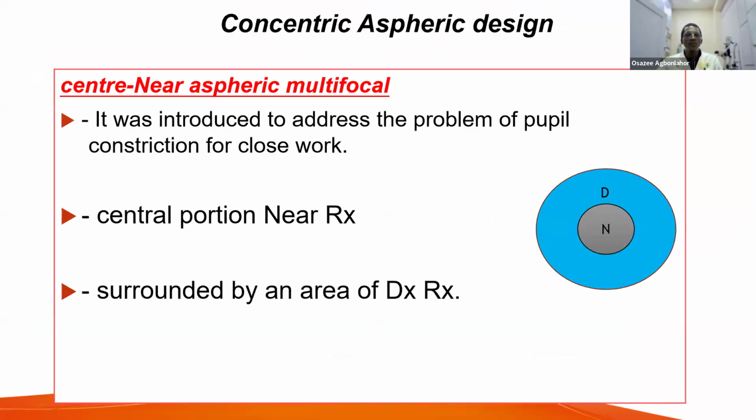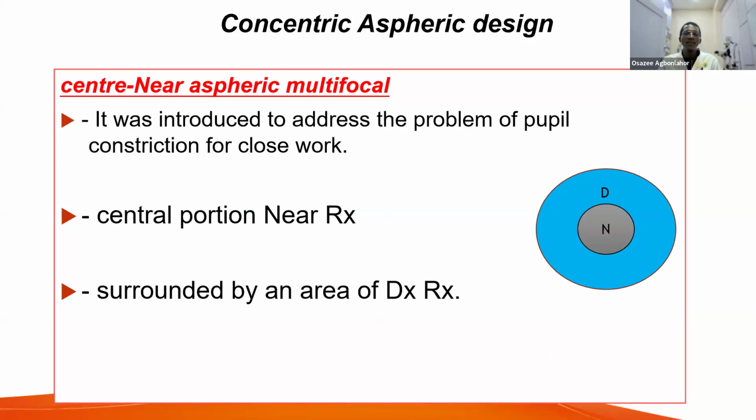Center distance. Also I mentioned earlier that the patient's vocation or the patient's job is also key. If a patient does more near work, then you as the practitioner should prioritize correcting the patient for near. So the dominant eye should have the center near prescription.